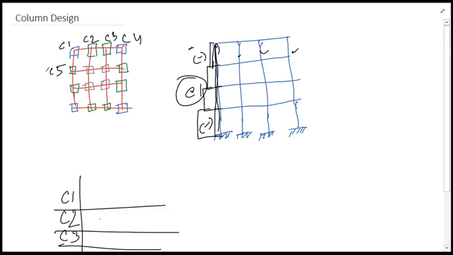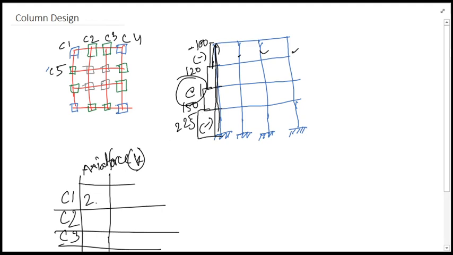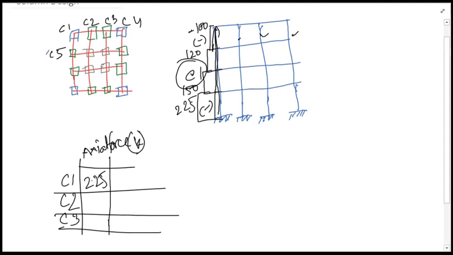In this portion we will be adding the axial force, and it will be the maximum axial force actually. The maximum axial force we'll be using here, say for example this is 100, this is 120, this is 150, this is 225. So the maximum amount we'll be adding here is 225 kips. In this method we will be using all the axial forces here.